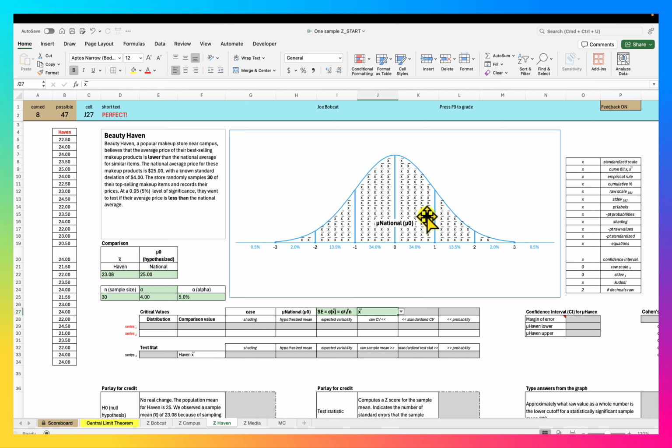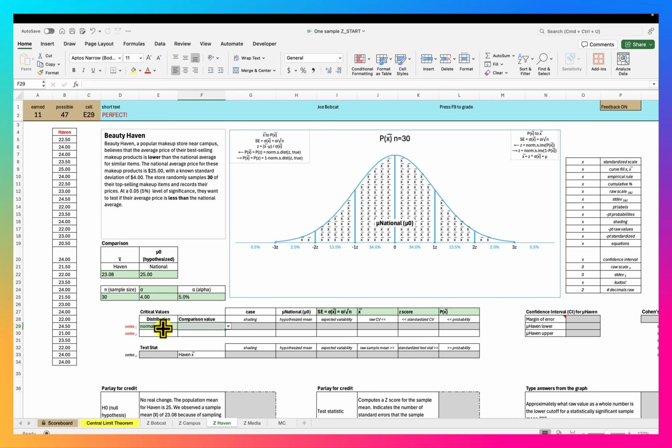See, there's a bunch of x bars. And it's going to be a z-score. And it's the probability of x bar. So the distribution here is normal for the hypothesized distribution, which is called mu0, which is all these x bars.